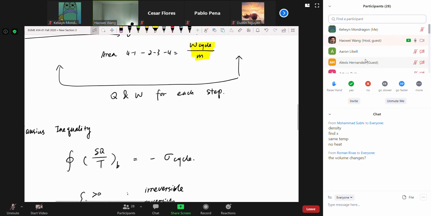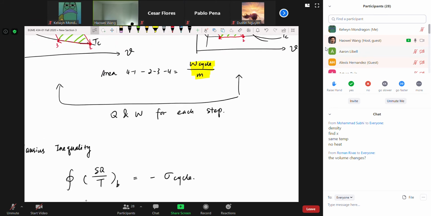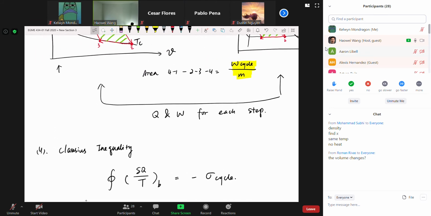No? All right, next one, Clausius inequality. What is Clausius inequality? Clausius inequality is just the mathematical expression of second law. If you design a system, not only do you have to obey first law, which is conservation of energy, you also have to obey second law of thermodynamics.